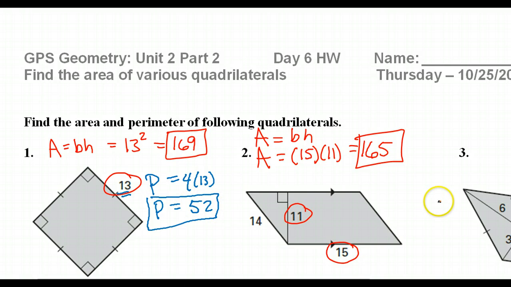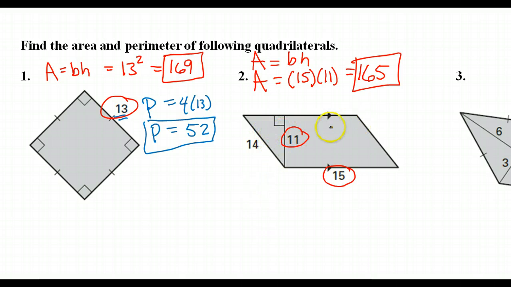Okay, for this problem, because this is a parallelogram, and I think this is a bit of a mistake because they actually only marked one pair of sides parallel, but in order to do the problem, we really have to know that it's a parallelogram. So I think they were supposed to mark these sides parallel as well.